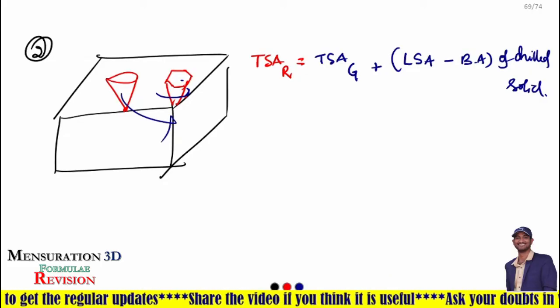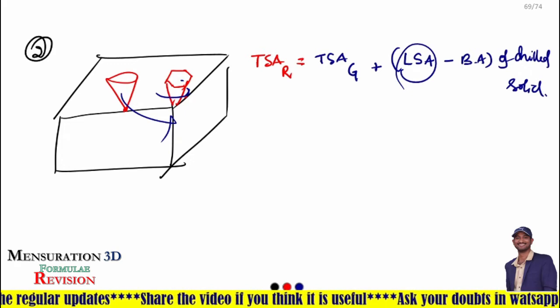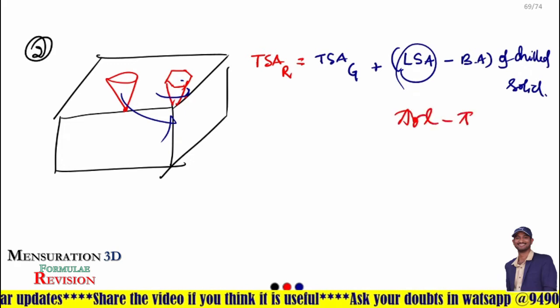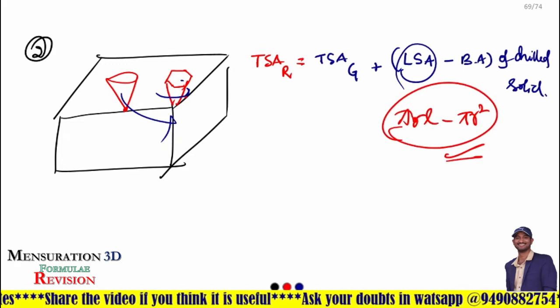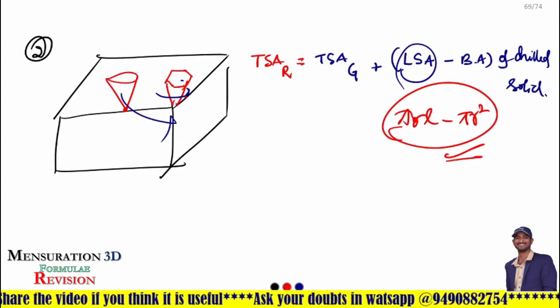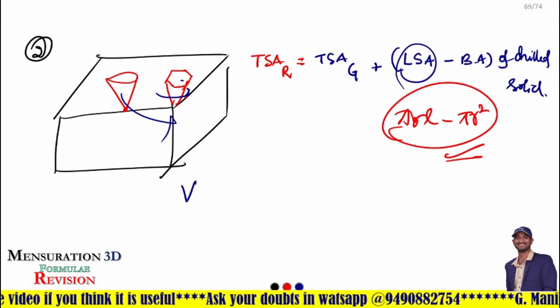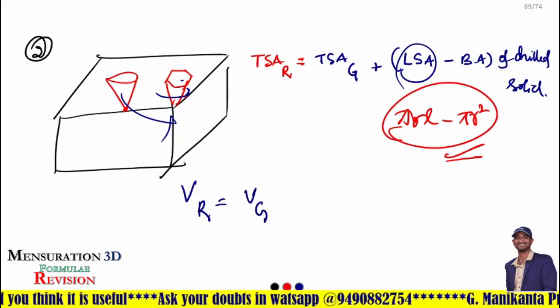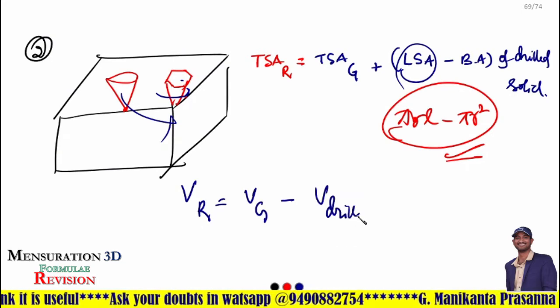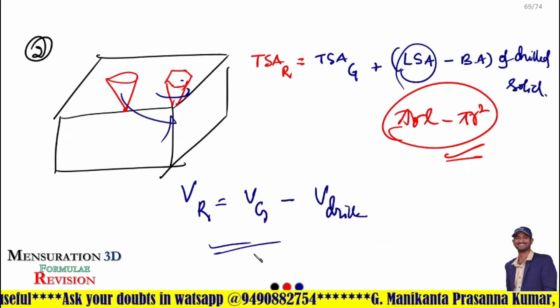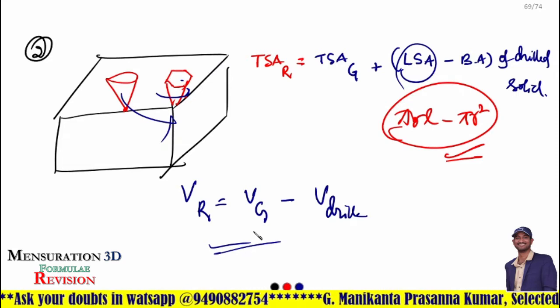If a cone is drilled out, then the lateral surface area is pi R L, minus pi R square, and that is the extra total surface area we will get. While talking about volume, the volume of the remaining solid is equal to the volume of the given solid minus the volume of the drilled solid. Same as the first case.